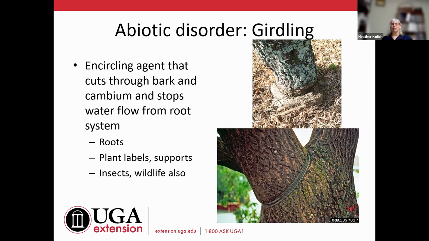And when we got down and looked at the branches of it, the wasps had actually come in and removed big sections of the bark from around the branches and twigs to make their nests. So they can girdle the plants. Wildlife, especially on young trees, will gnaw around the bark at the base of it and cause girdling issues there.